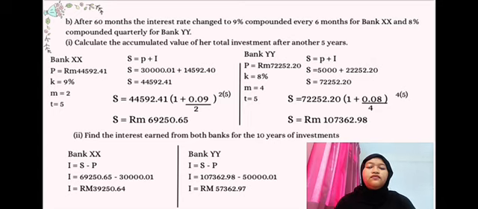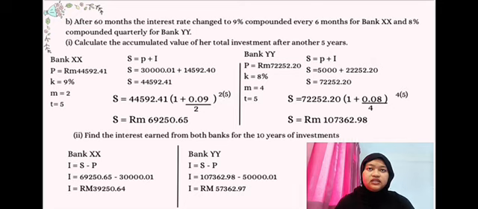So the answer for Bank XX is S equals 69,250 ringgit and 65 cents. For Bank YY, P equals 72,252 ringgit and 20 cents.